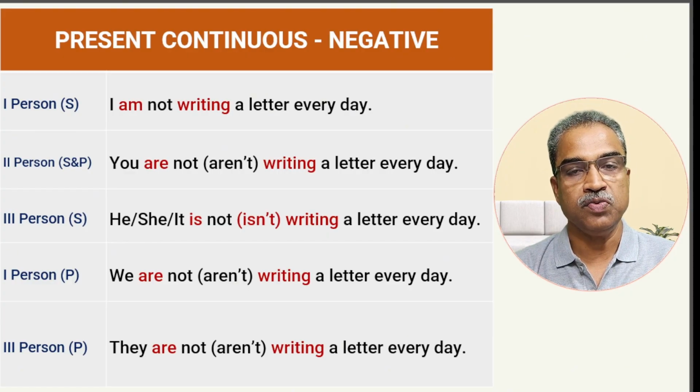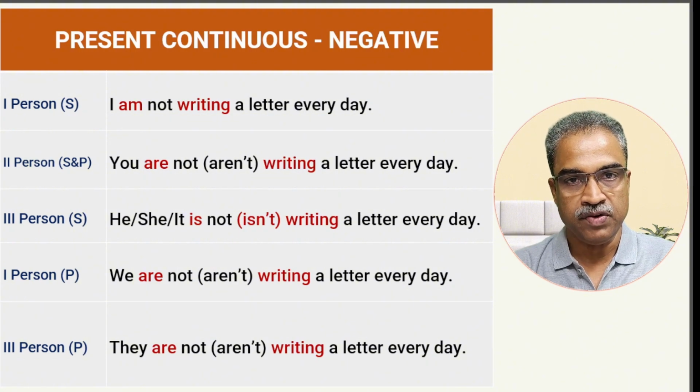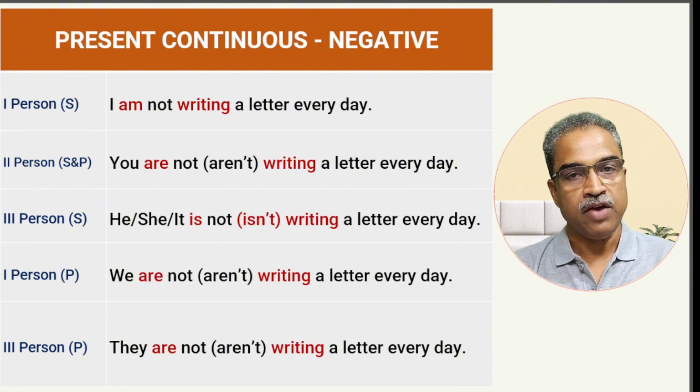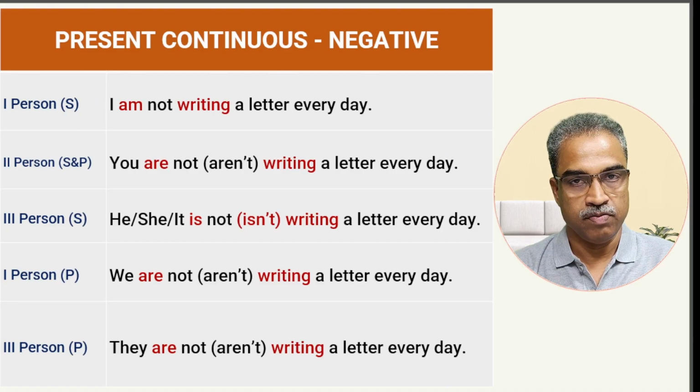So this is what we learned today about statements in the present continuous tense. Let's just go through it once again. Remember, we have the auxiliary verb be. Be has V1 forms, three forms: past, we have was and were, and past participle we have been.